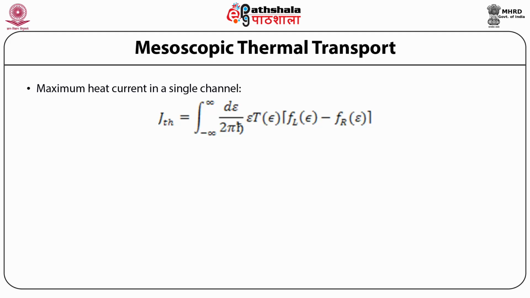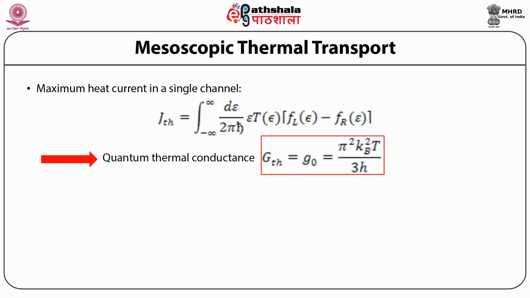Now the thermal conductance is given in both the cases by G_th = J_th/ΔT, that is, the quantum thermal conductance is G_0 = π²k²T/3h.